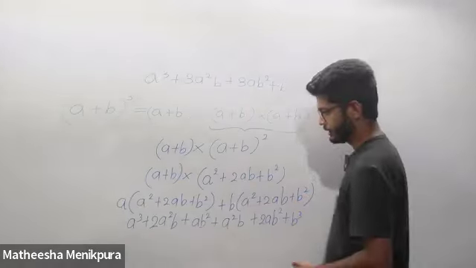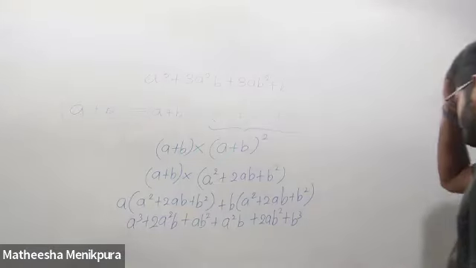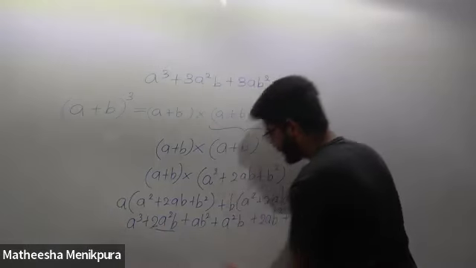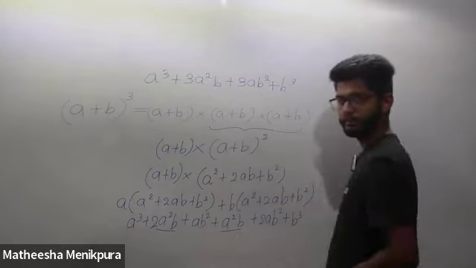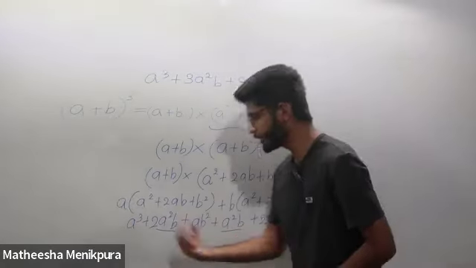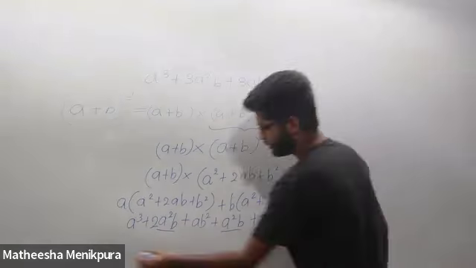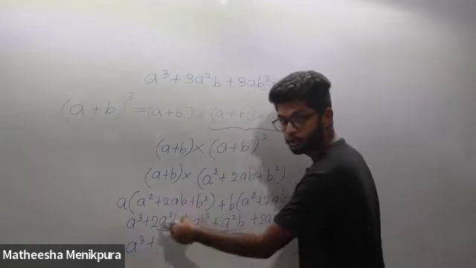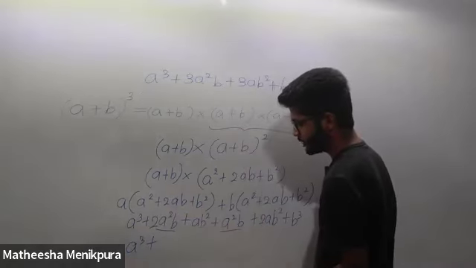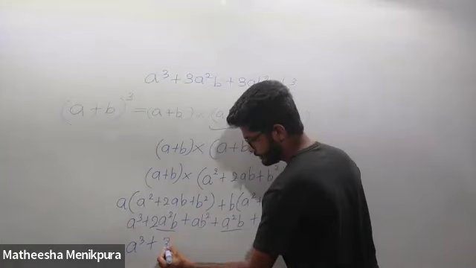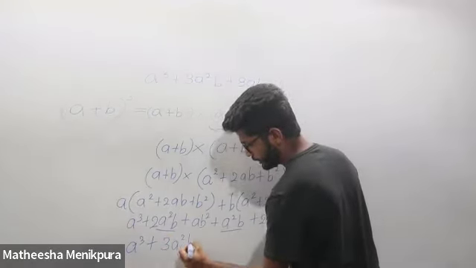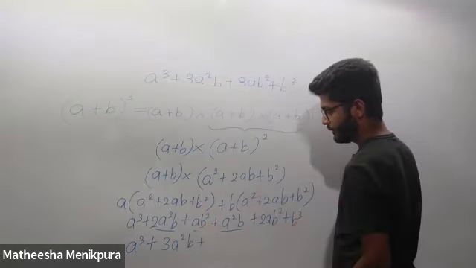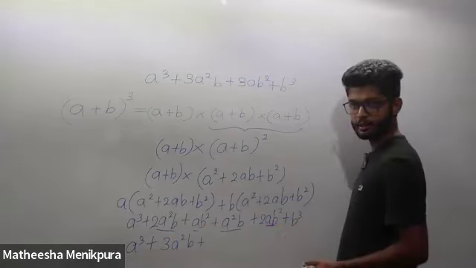Okay. Now we can find the like terms and simplify them. Here we have a squared b, here also we have a squared b. So these two are like terms. I write a to the power 3 as it is, plus 2a squared b plus 1a squared b. What is the answer? 3a squared b plus, we have 1ab squared and 2ab squared here.